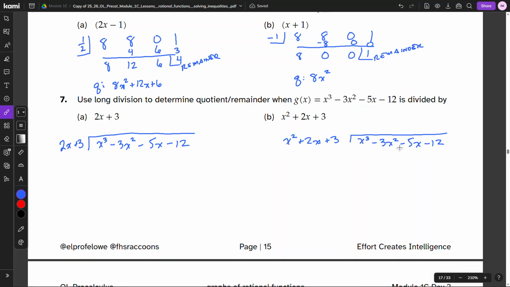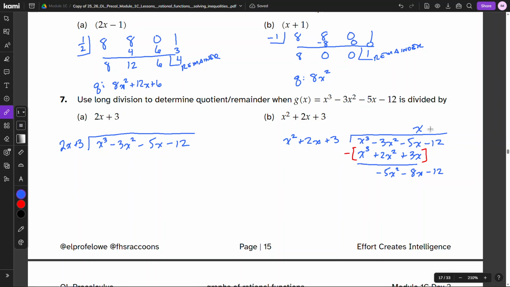So x squared into x cubed is going to be x times. So x times x squared, x times 2x, x times 3, and then subtract. -3 minus 2 is -5x squared. -5 minus positive 3 is -8x minus 12.